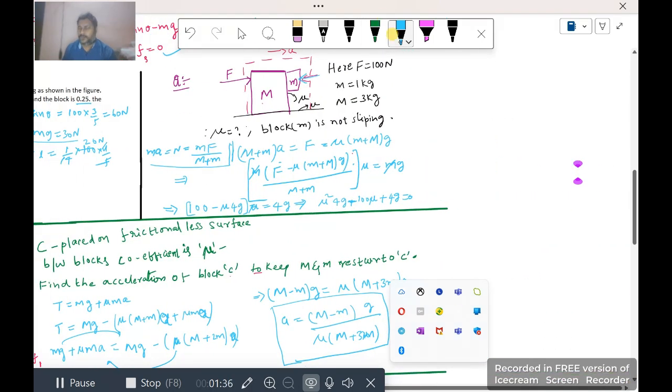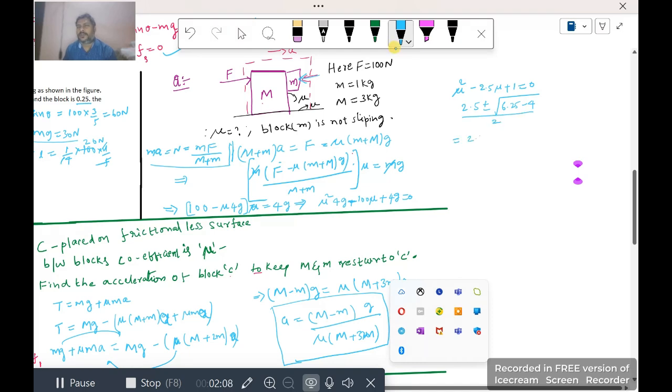So one quadratic equation is coming. So 4g take common, means 4g into mu square minus 2.5 mu plus 1 is equal to 0. So now 2.5 plus or minus root over 2.5 whole square minus 4ac, by 2a, 2 into 1.